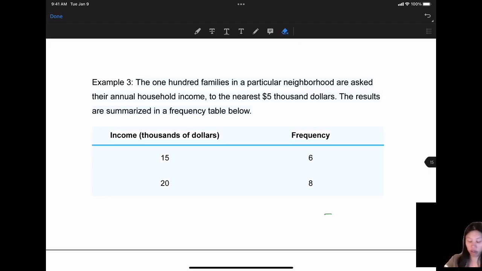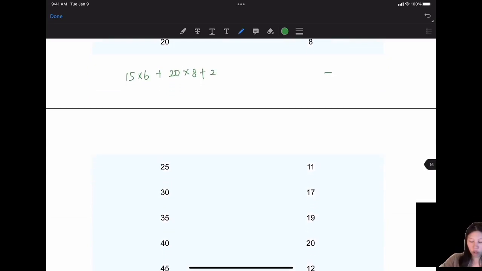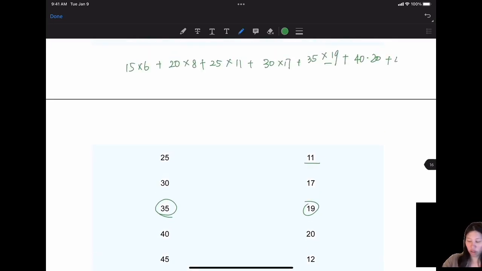What you would do is, since you add 6 times 15 together, that is equivalent to 15 times 6, plus 20 times 8, and then plus 25 times the frequency, which is 11, then 13 times 17, 13.5 times 19, 14 times 20, 14.5 times 12, and then 15 times 7.